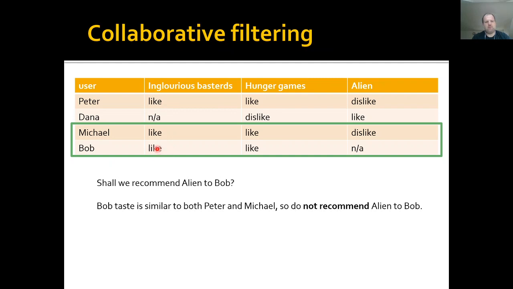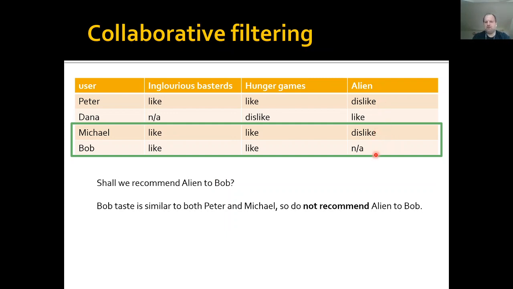Bob liked Inglourious Basterds, the same as Michael and Peter, and the same for Hunger Games. Bob liked, Michael liked, Peter liked, but Bob didn't rate The Alien, so that's why we are asking the recommendation question. And in this case, both Peter and Michael didn't like that movie.